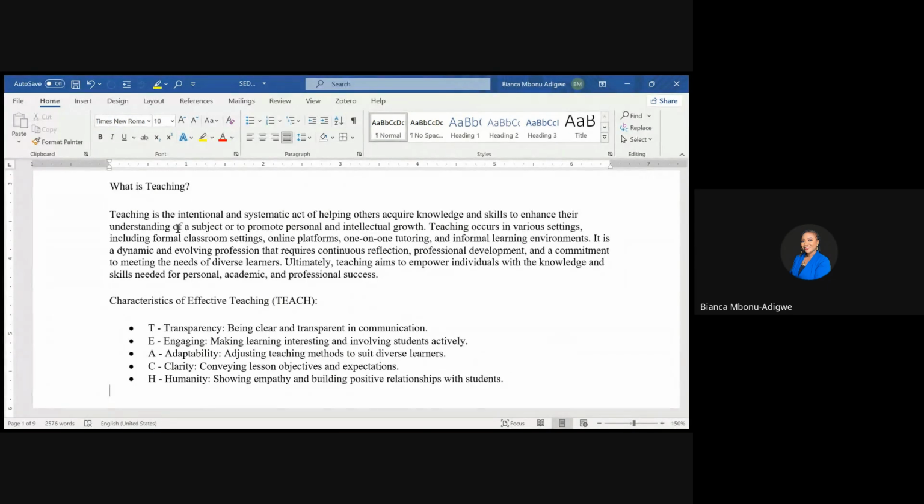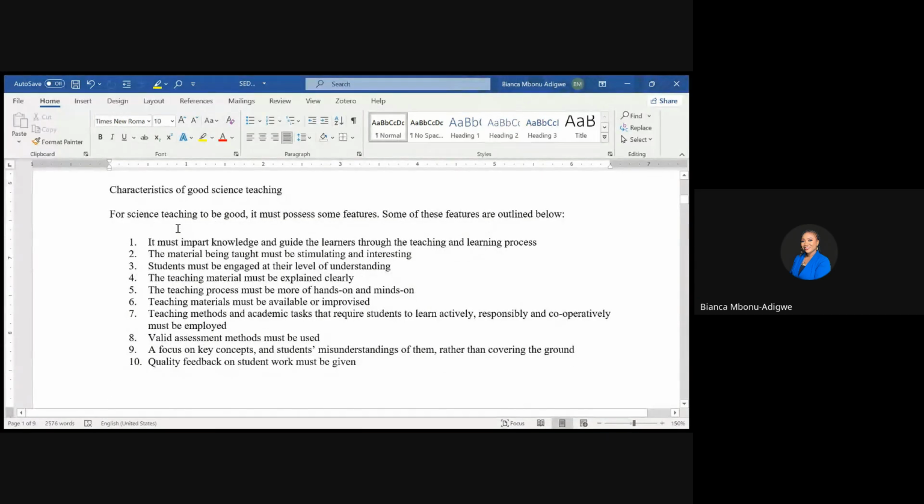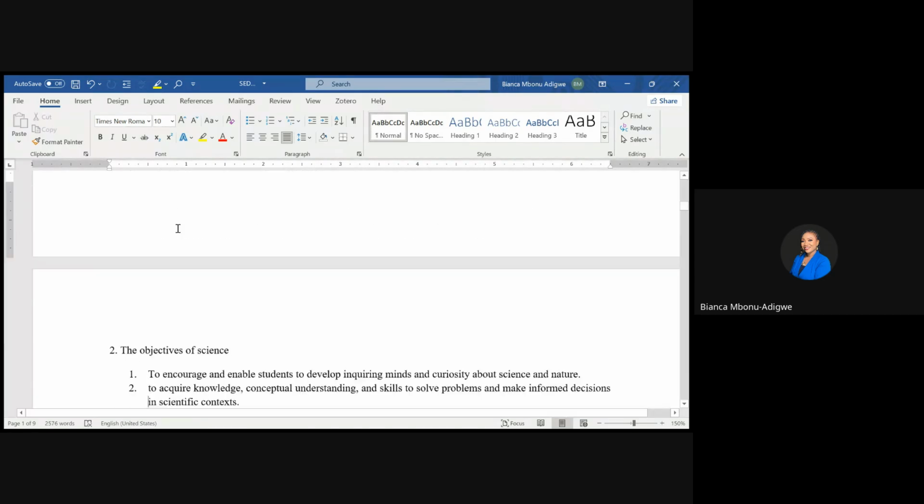From that, we talked about characteristics of good science teaching, which is the same thing as TEACH. It should impart knowledge, the material must be interesting, students must be engaged, material must be explained clearly. It's the same thing that we've been talking about.